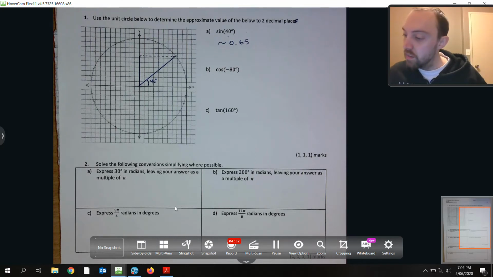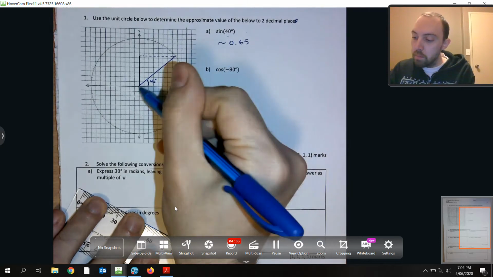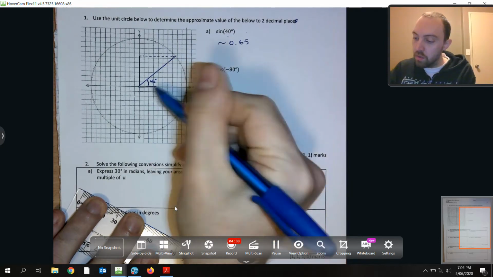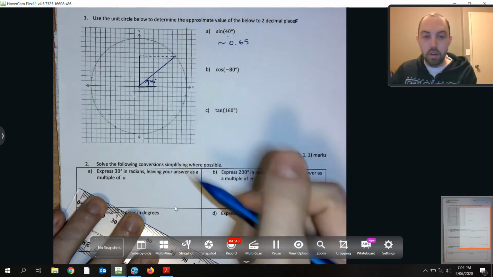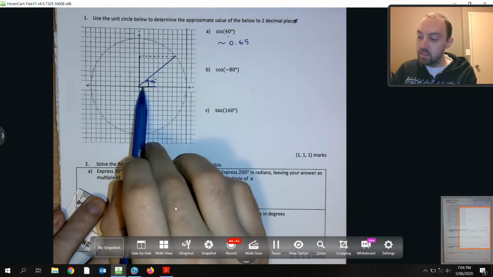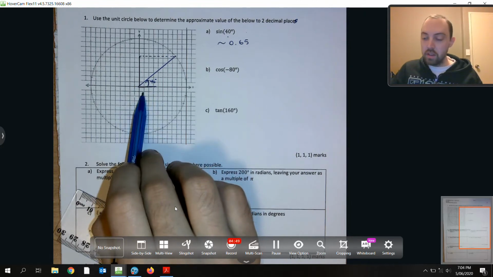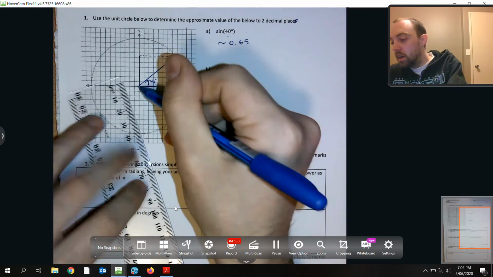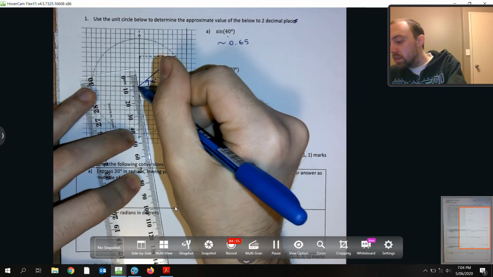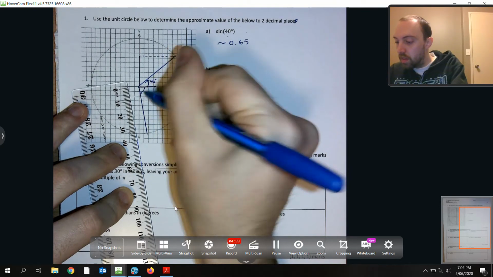Cos of negative 80. So when you are measuring your angle, it is always from the positive x axis up and then in an anti-clockwise fashion. Unless it is negative, you want to be going the opposite way. Okay, so 10 degrees less than 90 is about there.